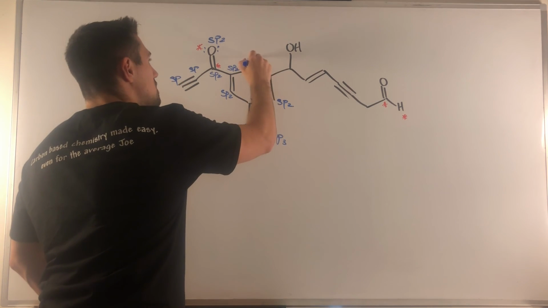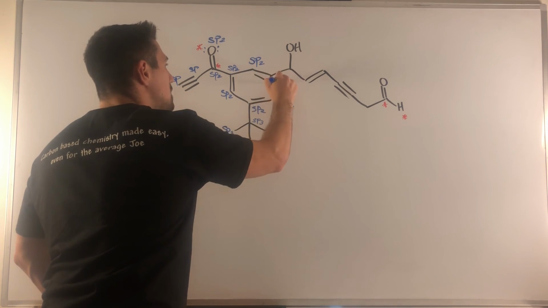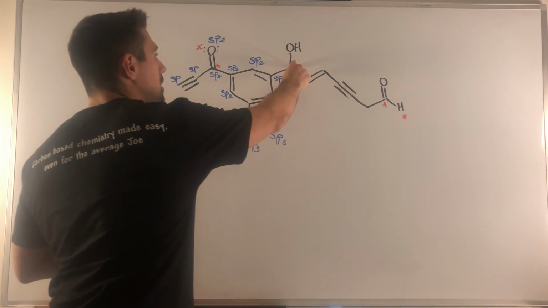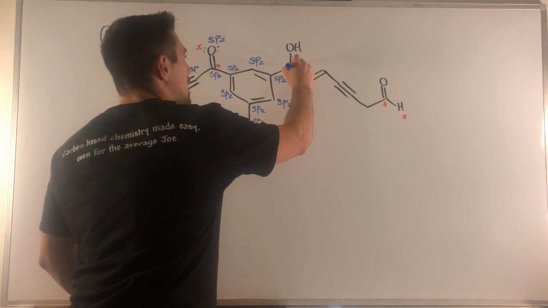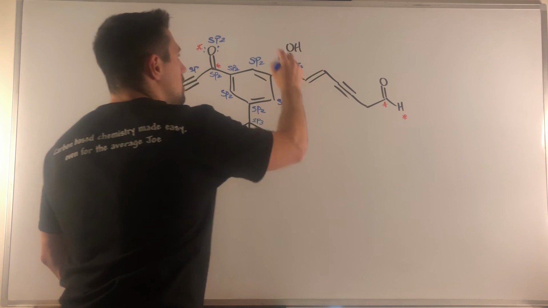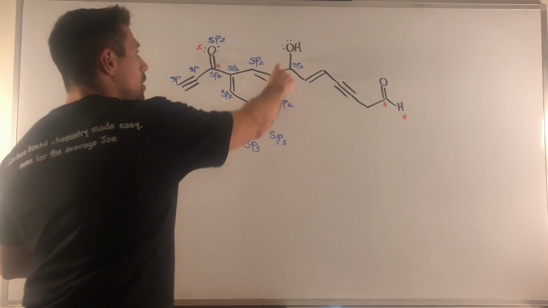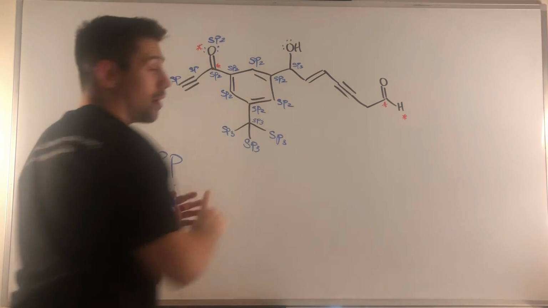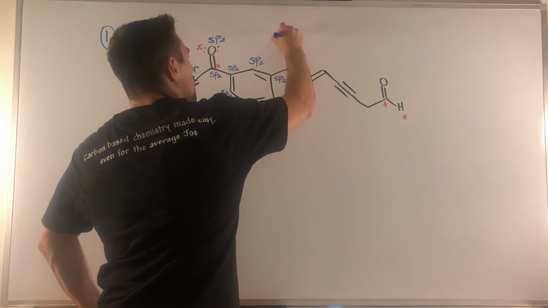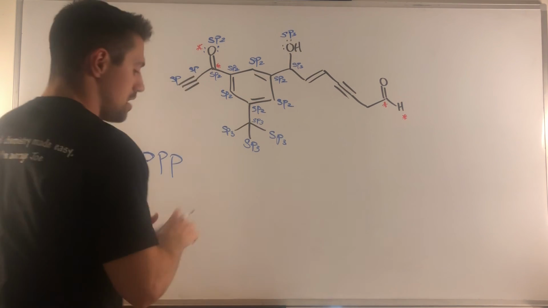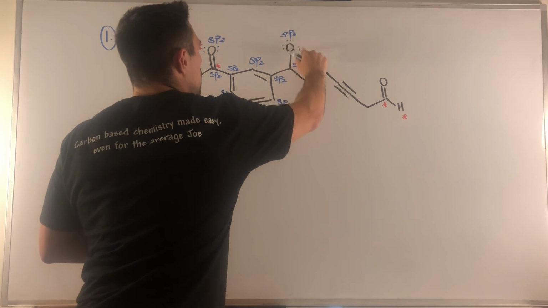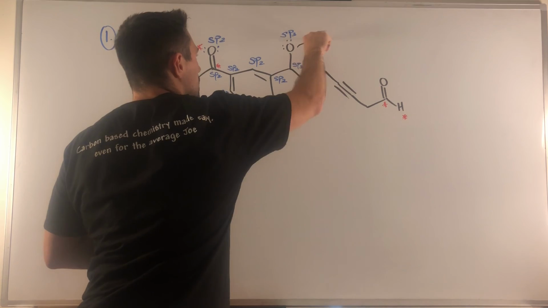Same deal up here. I think you're seeing a pattern. sp2, sp2. This carbon up here has a hydrogen we're not drawing, sp3. This oxygen up here, two lone pairs we haven't drawn in. 1, 2, 3, and then a fourth bond to that hydrogen, sp3 on that oxygen. And just for fun, this hydrogen right here only has one bonding area.